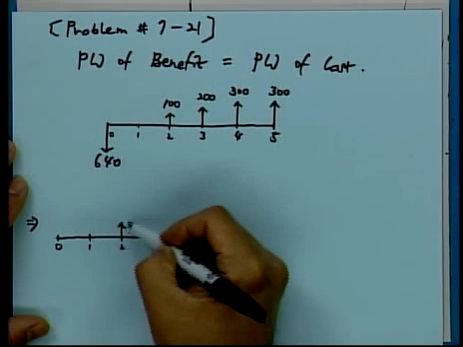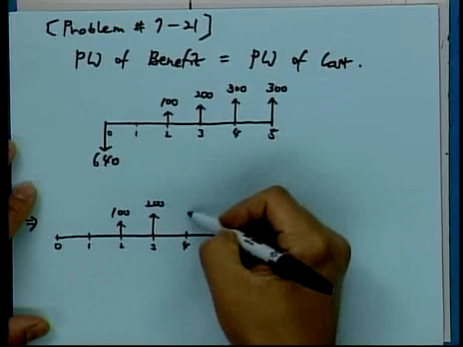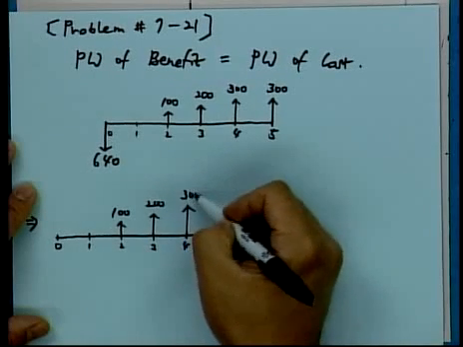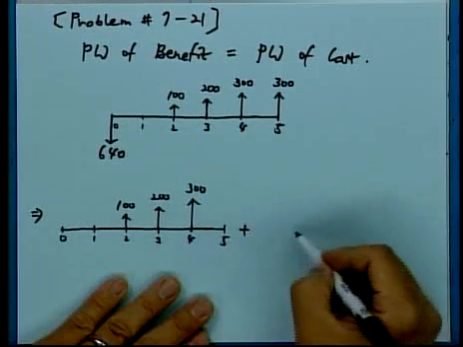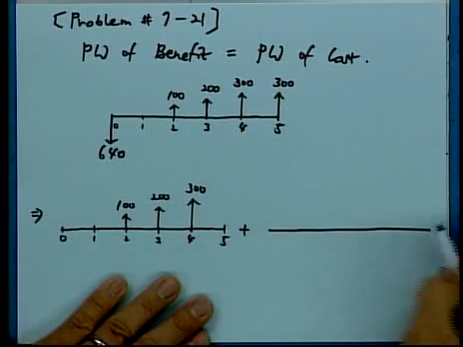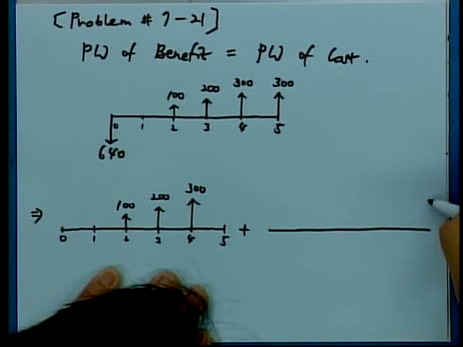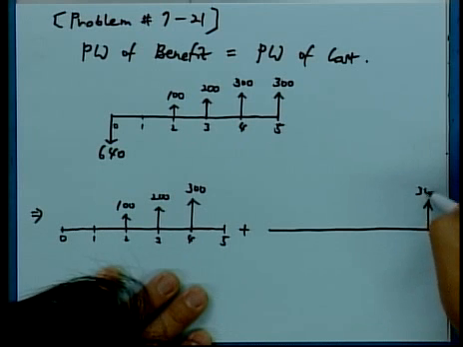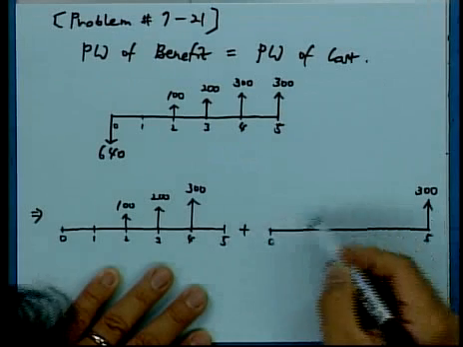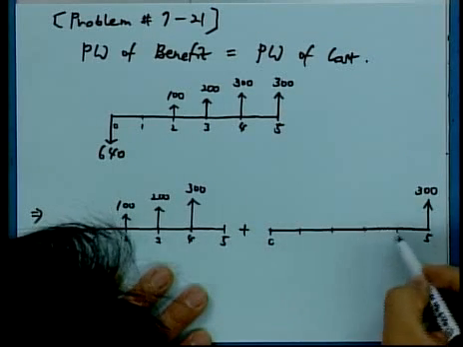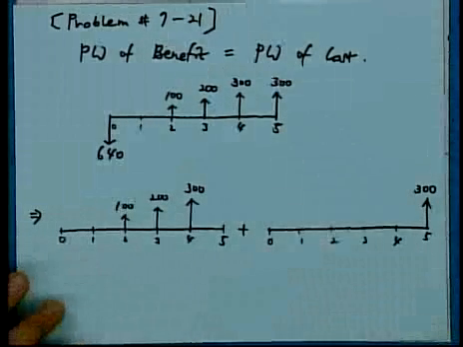So we have 100, 200, and 300, right? And another one that includes the positive cash flow at the end of period 5 only. Like this.